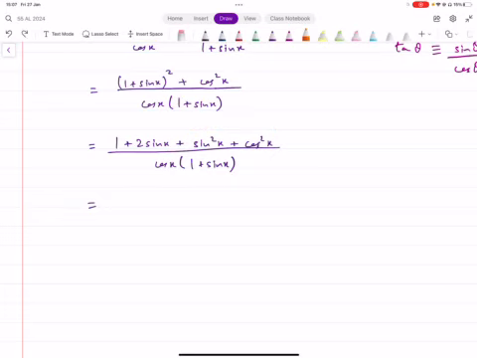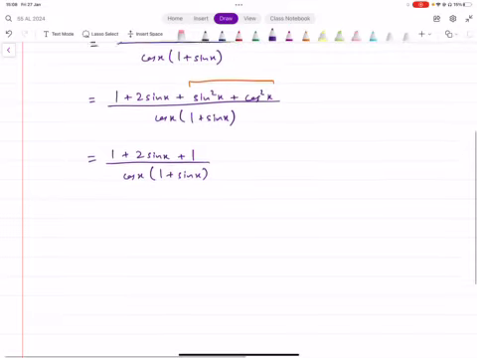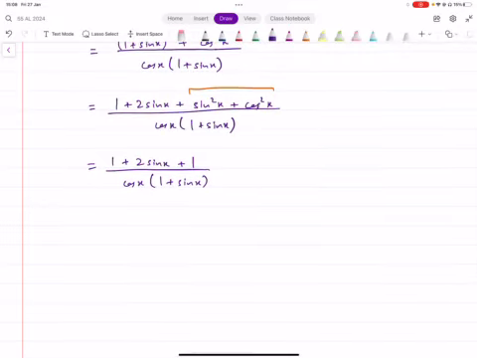So we can write 1 in its place. So this becomes 1 plus 2 sine x plus 1 divided by cos of x into 1 plus sine x. All right? Now this becomes 2 plus 2 sine x divided by cos of x into 1 plus sine x.